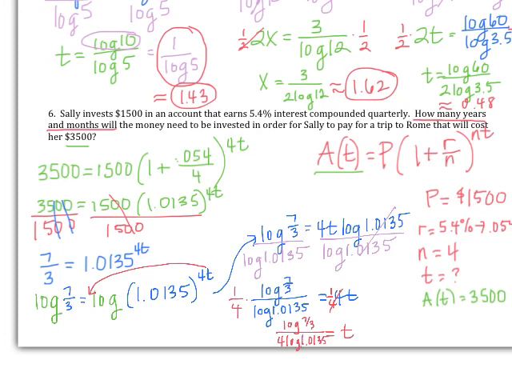And then I'll go ahead and type that in my calculator, and I get that t is approximately 15.8. So then I would say it would take about 15.8 years for Sally to get $3,500.